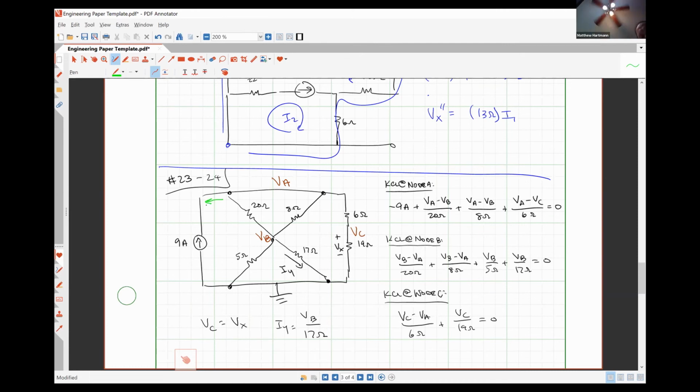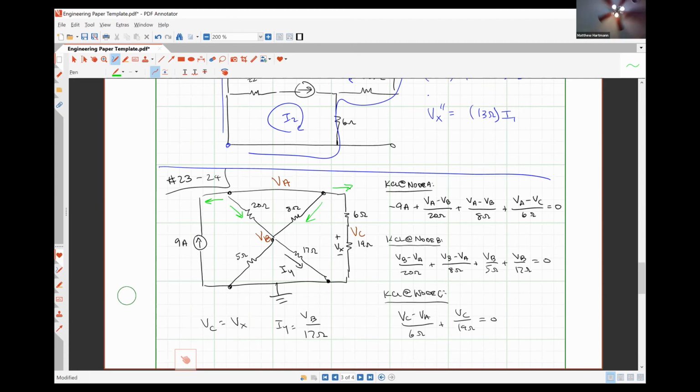This current directed to the left, this current directed diagonally down and to the right, this current directed diagonally down and to the left, and this current directed to the right, because those are all 4 of the branching currents that are leaving node A. And I chose those particular directions, the ones I've outlined in green, because they will give me a positive sign everywhere I see VA, the nodal voltage associated with node A, and minus signs whenever I see any other nodal voltage. And then I just applied that principle throughout the whole thing.